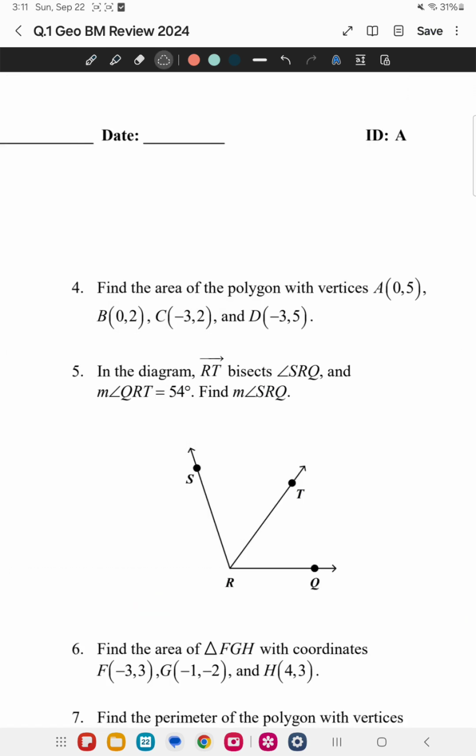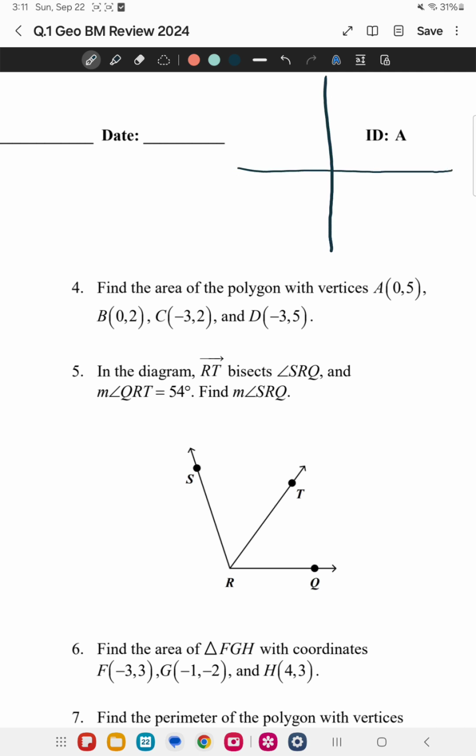Okay, so now we have to find the area of a polygon with the vertices (0, 5), (0, 2), (-3, 2), and (-3, 5). So remember that the area is going to be my base times my height. And so if I were to graph this, I'm just going to do a quick, really mediocre graph.